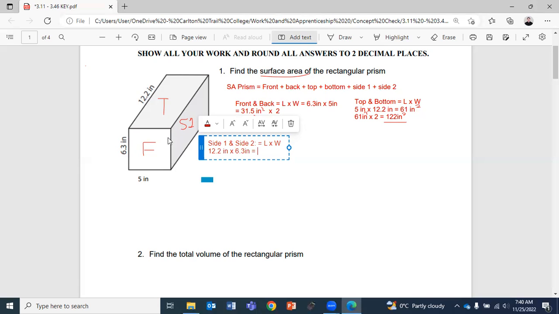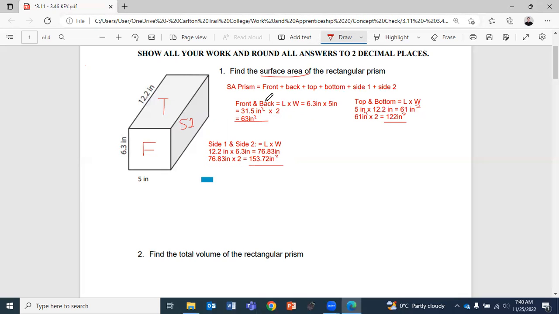So 12.2 times 6.3, I end up getting 76.86 inches squared. But remember, I need to double that because I'm doing side 1 and side 2. If I double that, I'm going to end up with 153.72 inches squared.